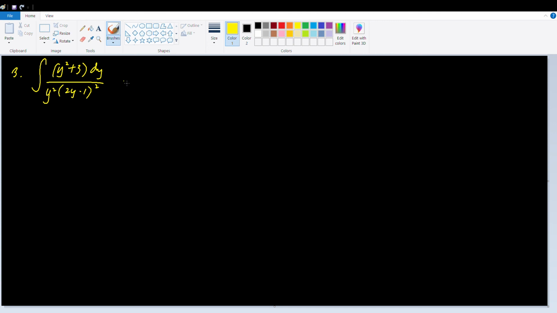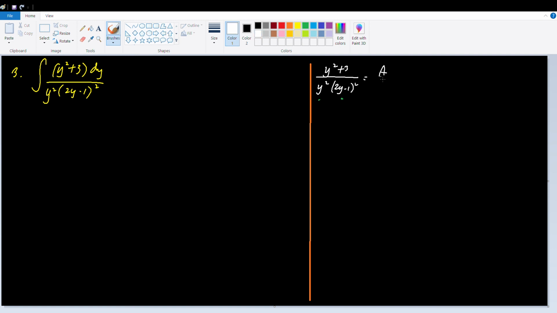Okay, so once again, we have to isolate our integrand, y squared plus 3 over y squared times 2y minus 1 squared. We have two linear factors, y and 2y minus 1, and both of them are repeated.